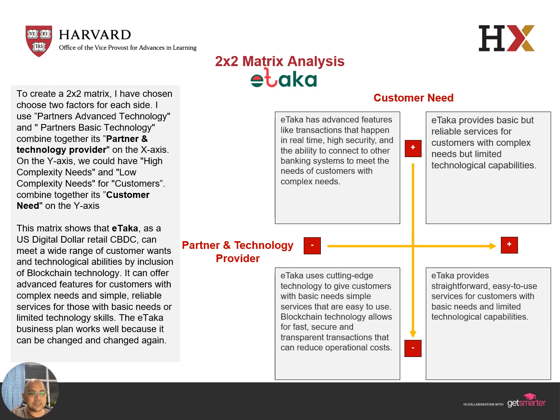The Ithaca business plan works well because it can be changed and changed again. See the adaptiveness of the software, and it's user friendly. Bangladesh has already adopted the e-wallet, so Ithaca adaptability will be easier. So that's our 2 by 2 matrix considerations.